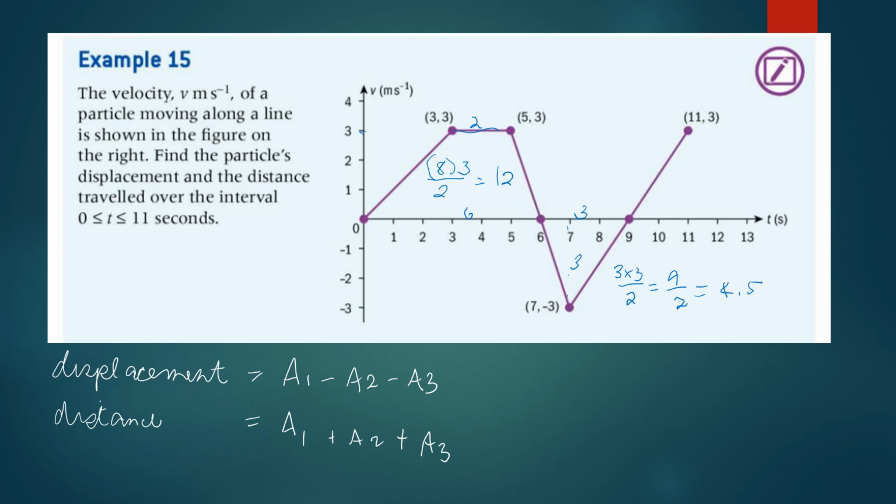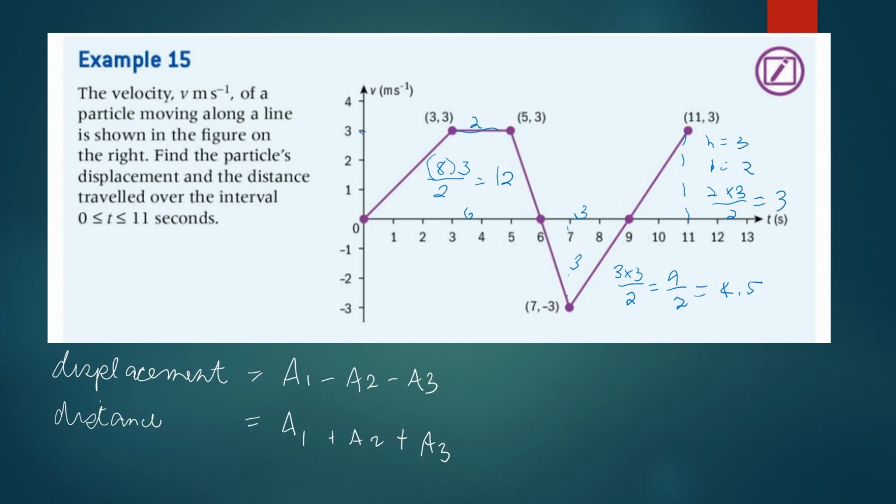Here the time is from 0 to 11, right? So 0 to 11 here. Our height is 3 and the base is 2. So our area is 2 times 3 divided by 2 equals 3.